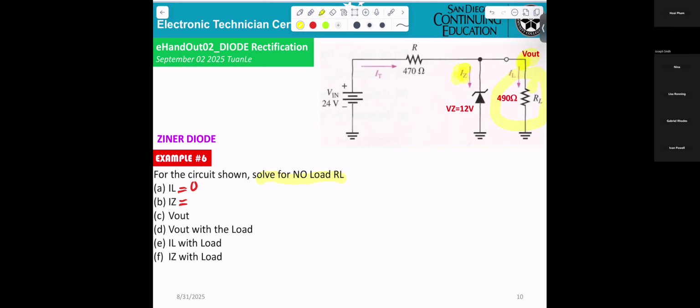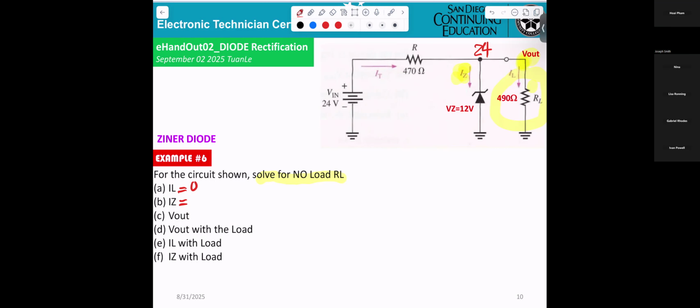So where V out would be, it'll be 24 volts there. That means suppose no Zener diode, then the voltage here is 24.